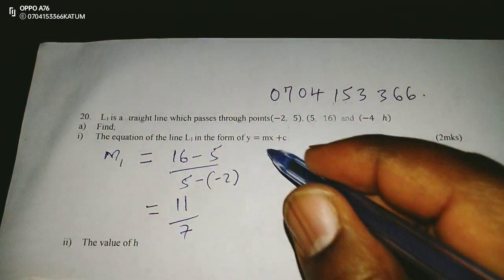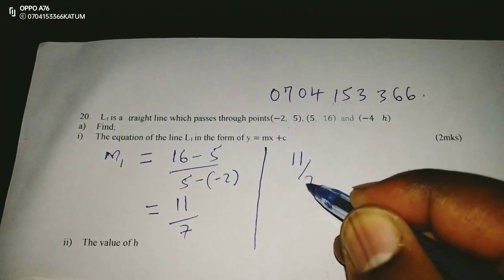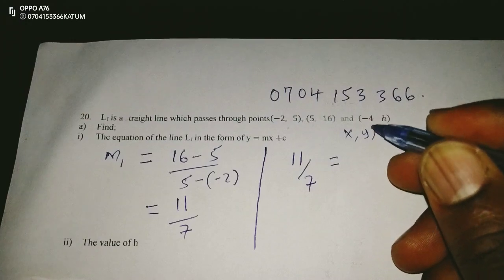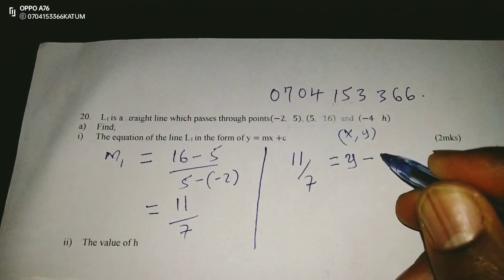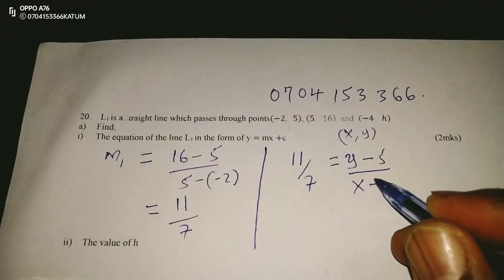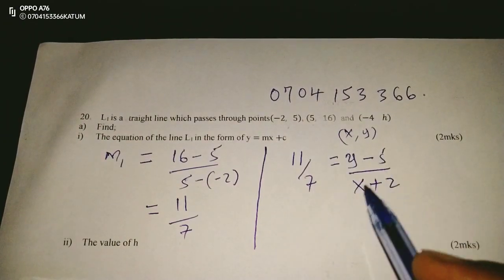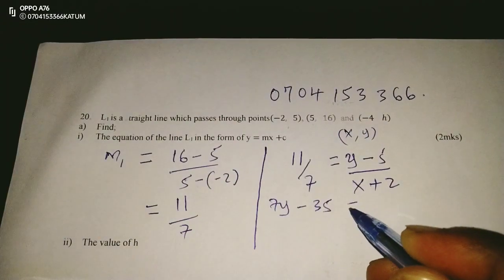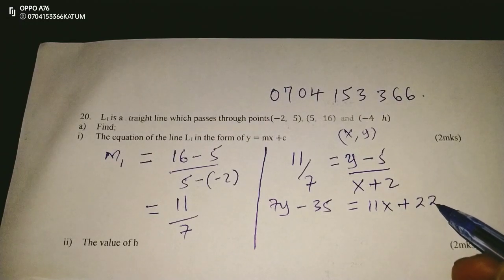Now with the gradient, we can express the equation. The gradient of a line is usually given by change in y out of change in x. So we let another point (x, y), so that we may say y minus 5 divided by x minus -2, making it a plus 2. At this point, I can cross multiply to have 7y minus 35 equals 11x plus 22.